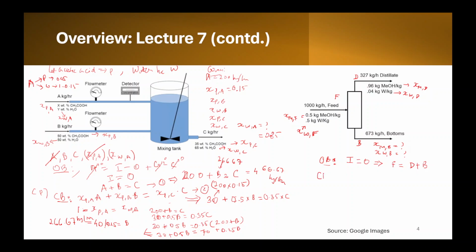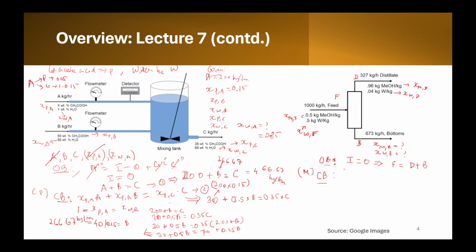Then the component balance for M, which is methyl alcohol. So what will be the component balance? Again the same thing, mass in is equal to mass out.